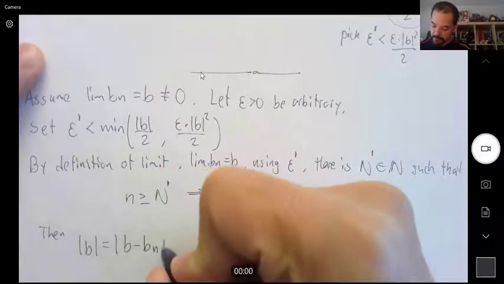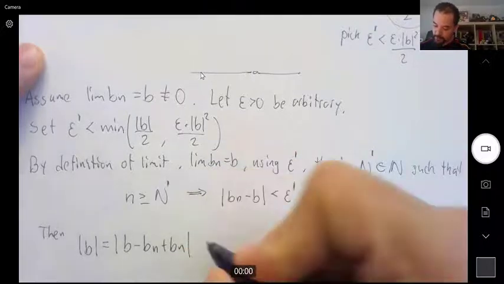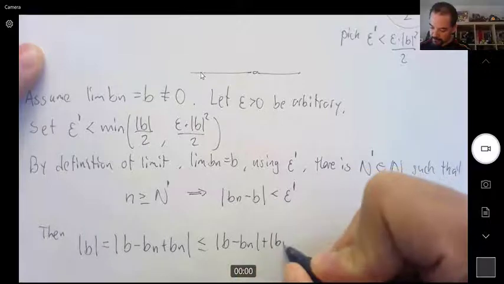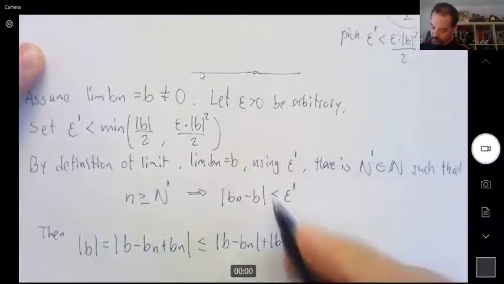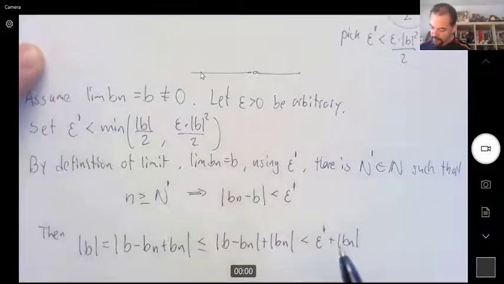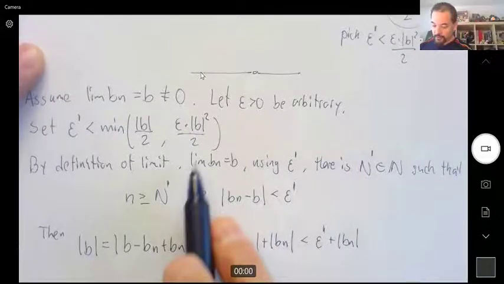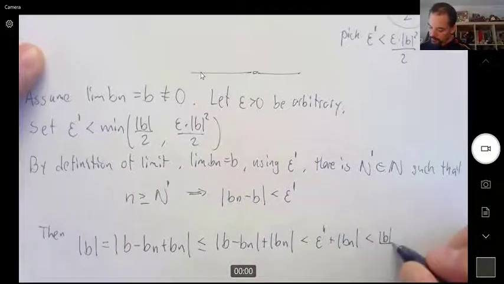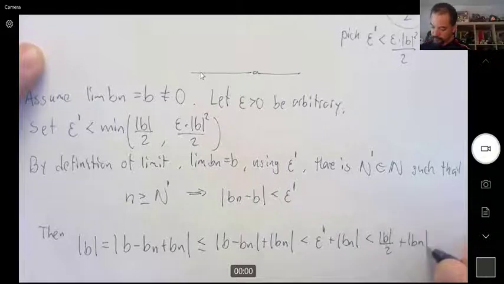This is b minus bn plus bn, which by triangle inequality is less than b minus bn plus absolute value of bn, which by this inequality is less than epsilon prime plus absolute value of bn. But epsilon prime is smaller than the first one over here. So this is smaller than b over 2 plus absolute value of bn.